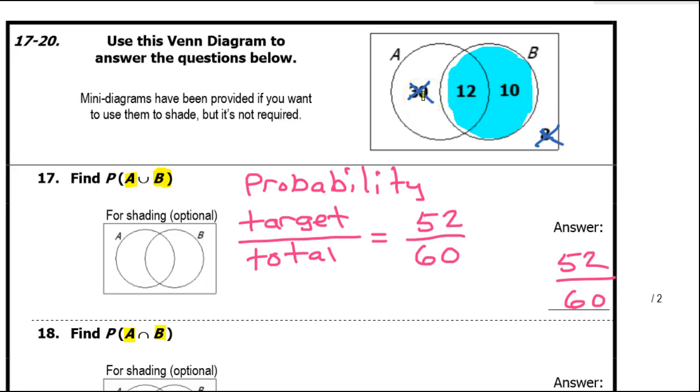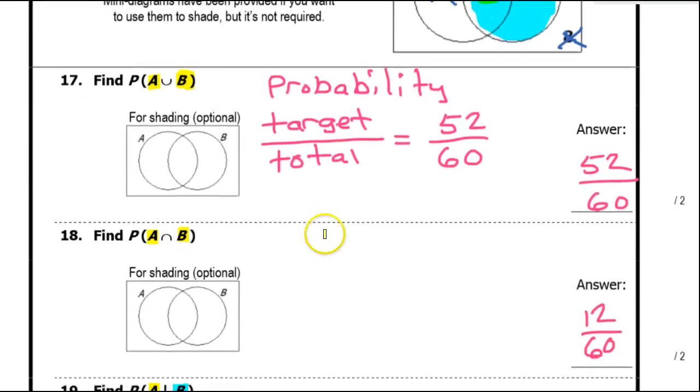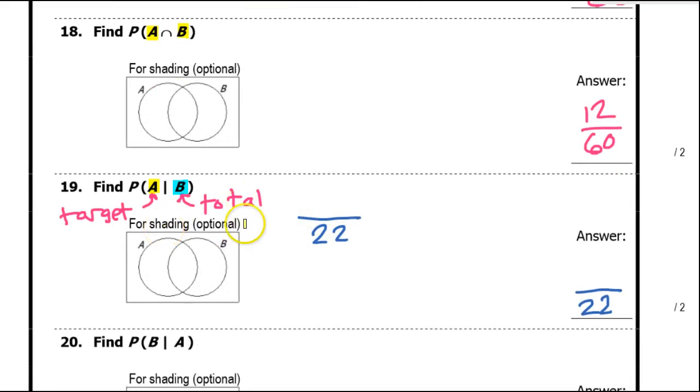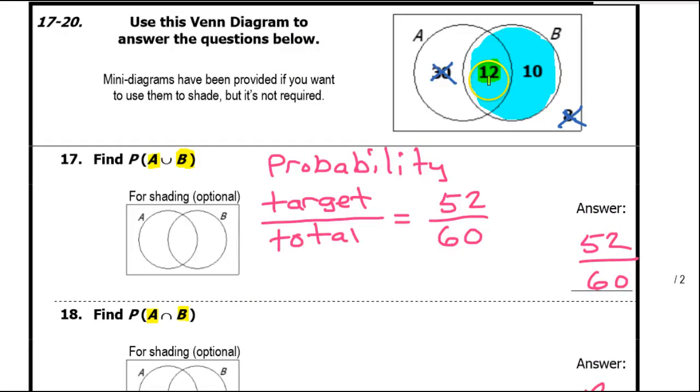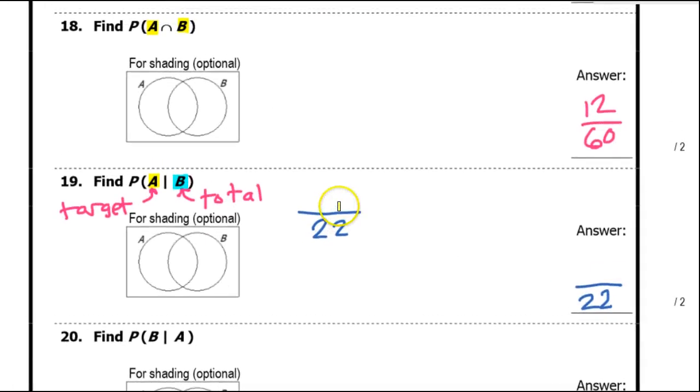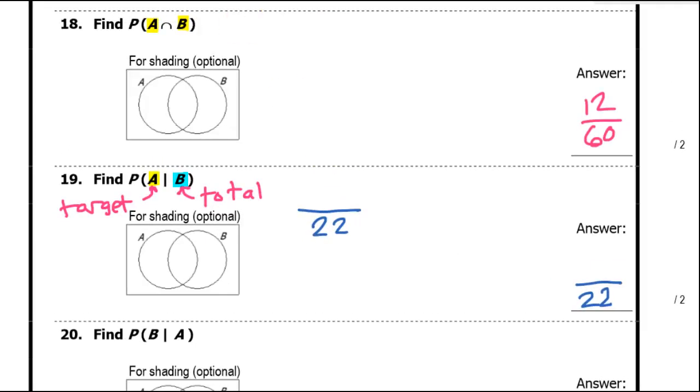The only A number is this 12, which you can see is inside of circle A. So 12 is an A value, and that's the target. The target is A, and this is the only A we've got, so 12. So that's why it's going to be 12 over 22.